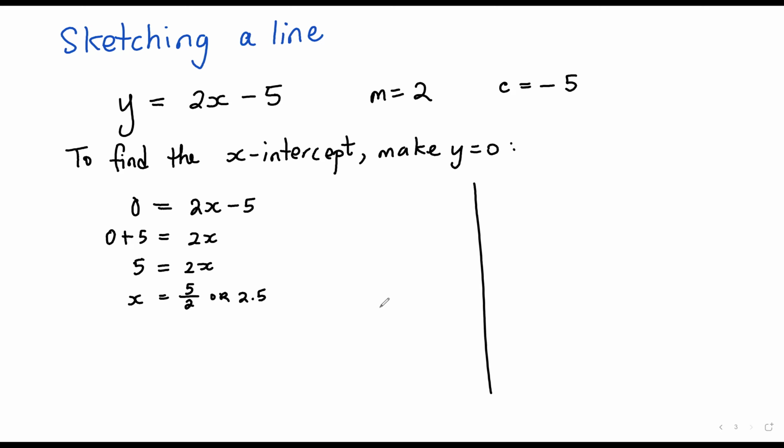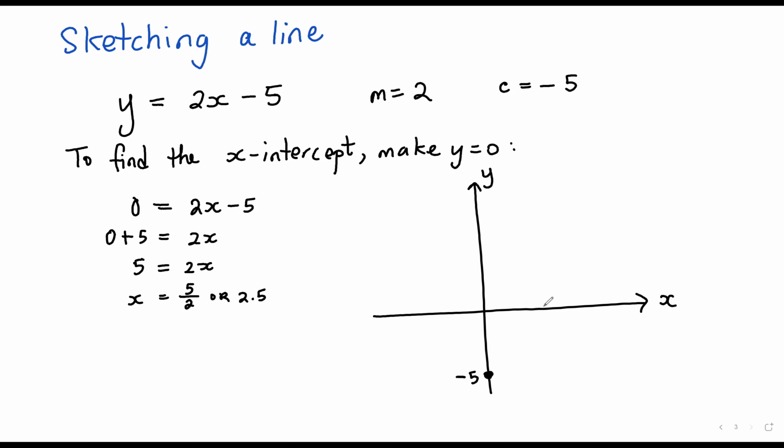So on a graph, this is my y-axis here and this is my x-axis. It's cutting the y-axis at -5, so let's say that's here. And the x-axis is cut at 2.5, so let's say that's here. Remember, this is not drawn to scale.